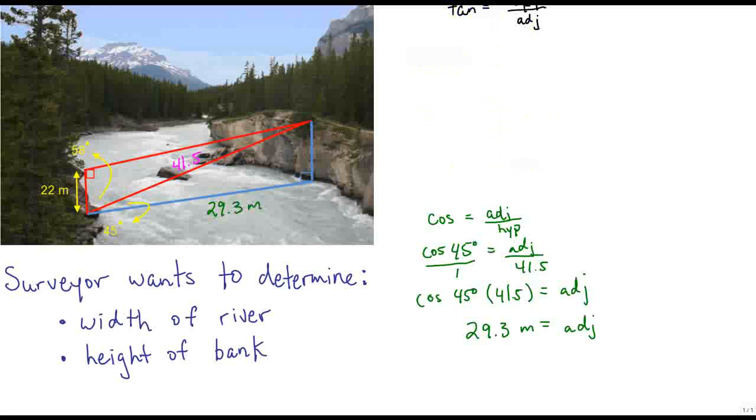So now to determine the height of the bank, we are going to be trying to find the opposite side of the angle 45 degrees, so therefore we're going to use the tangent ratio, which is opposite over adjacent.